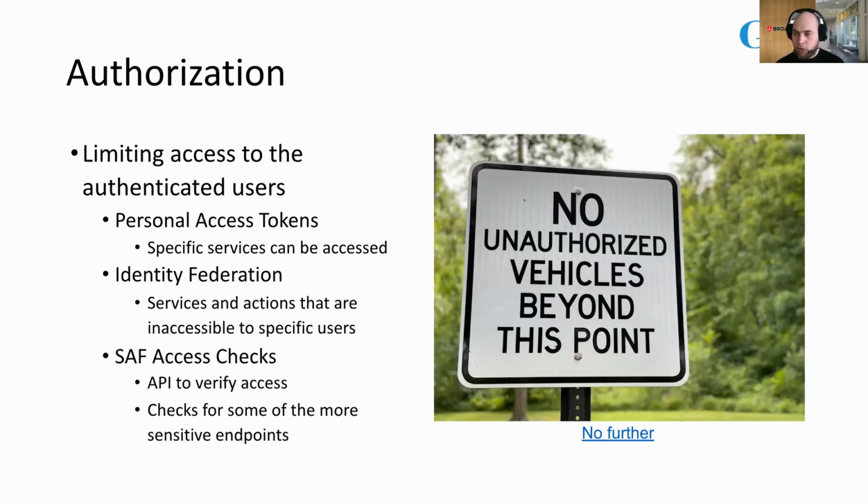So if you need to do some verification on your distributed side against SAF, the API mediation layer provides an API to verify whether a specific user has specific access to a specific resource. Apart from that, we already do this for some of the endpoints that we consider more sensitive within Zowe. So that's part of it you can use.